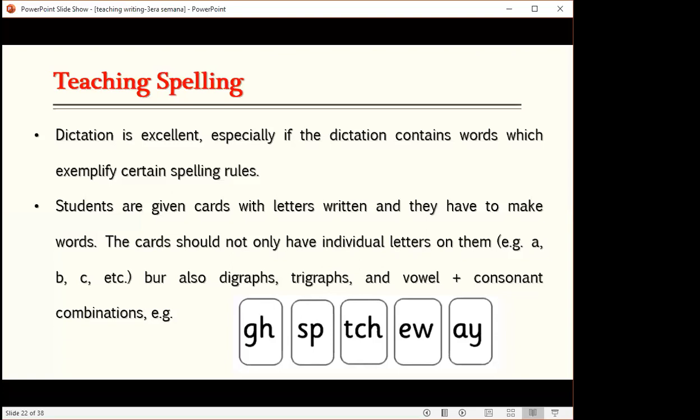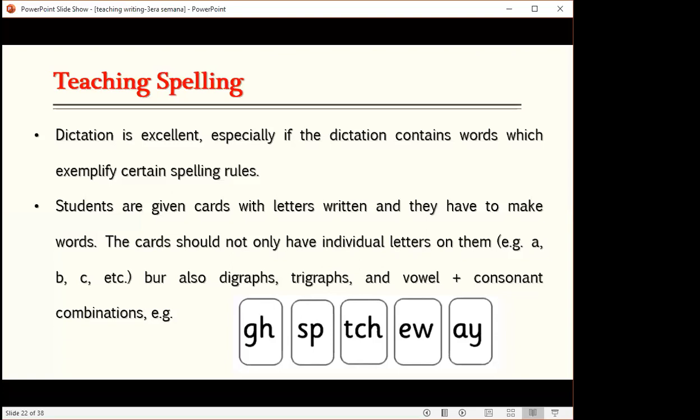I usually did this activity when I taught, because nowadays I'm not teaching primary or kindergarten. Nowadays I'm teaching secondary and university. But when I taught primary, and once when I taught kindergarten, I used these kinds of cards and separated the students in groups.